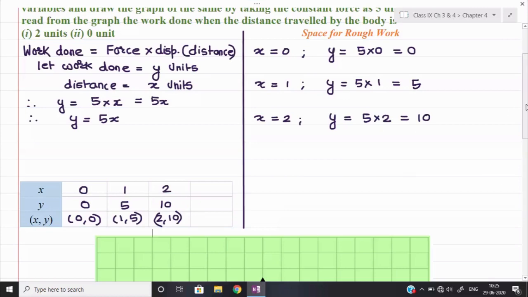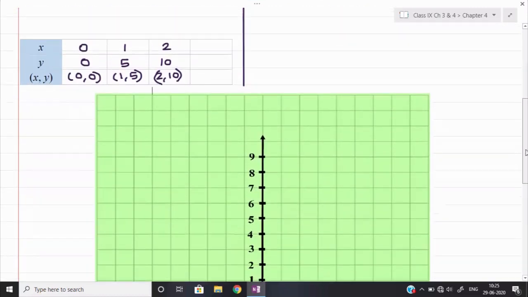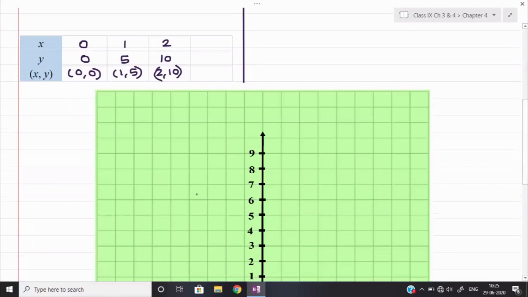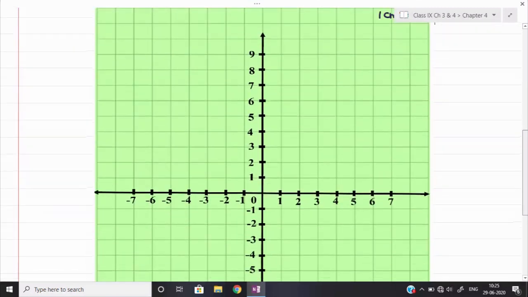So if I plot all these values onto the graph paper, first of all we shall mention the scale. The scale I can write down as 1 centimeter is equal to 1 unit. Okay, now further, see, this is my graph paper.